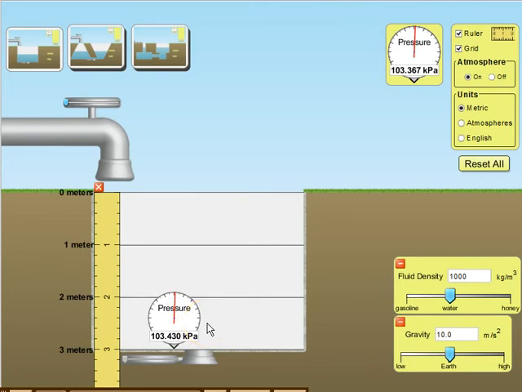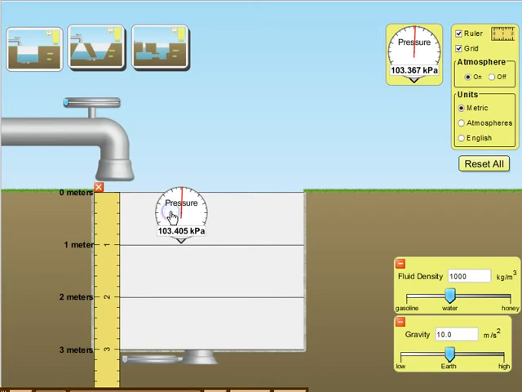Cool? Now, what is the difference in pressure between the 2 meter line and 3 meter line? Subtract those two values. What is the difference? Yeah, guys, 0.013. Come on, it's just subtraction. Okay, cool. Now, note the 2 meter line. It was 103.417. What is the difference between this and the 1 meter value?